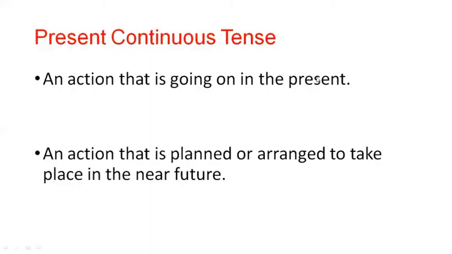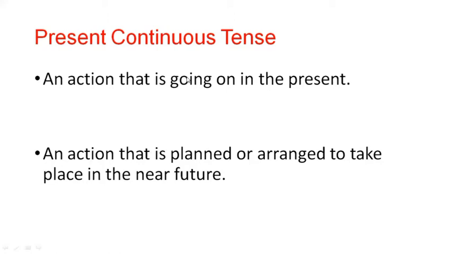So present continuous tense. What is present continuous tense? Under these conditions, we have to use present continuous tense. The first condition is an action that is going on in the present, the action which is happening at this point of time. For example, now I'm teaching, isn't it?